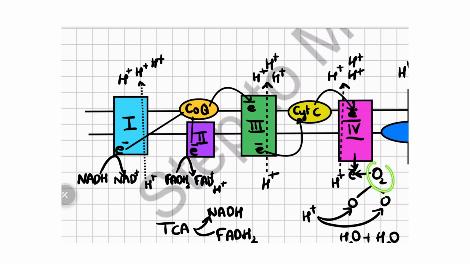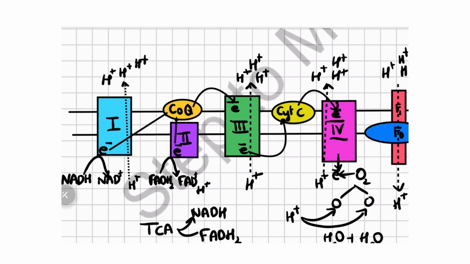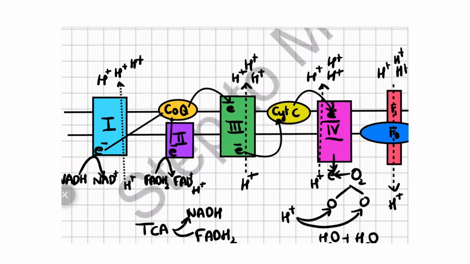And oxygen then splits into 2 oxygen ions, and the free-floating hydrogen protons combine with these oxygen ions to form 2 molecules of water.